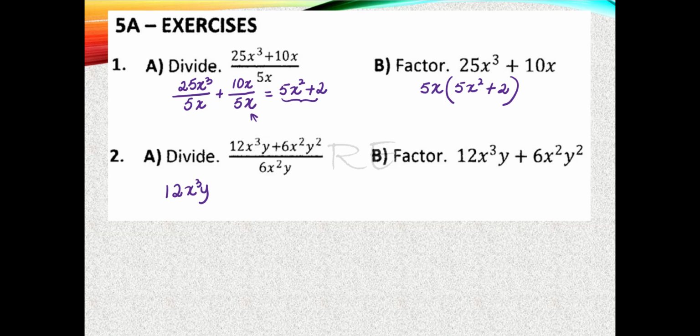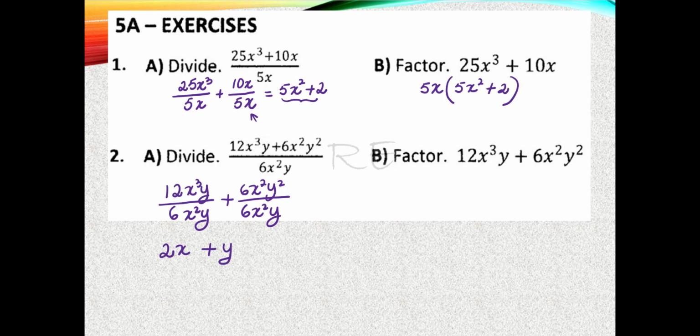12x cubed y plus 6x squared y squared divided by 6x squared y. 12 divided by 6, 2. X cubed divided by x squared, x. And y divided by y, 1. 6 divided by 6, 1.